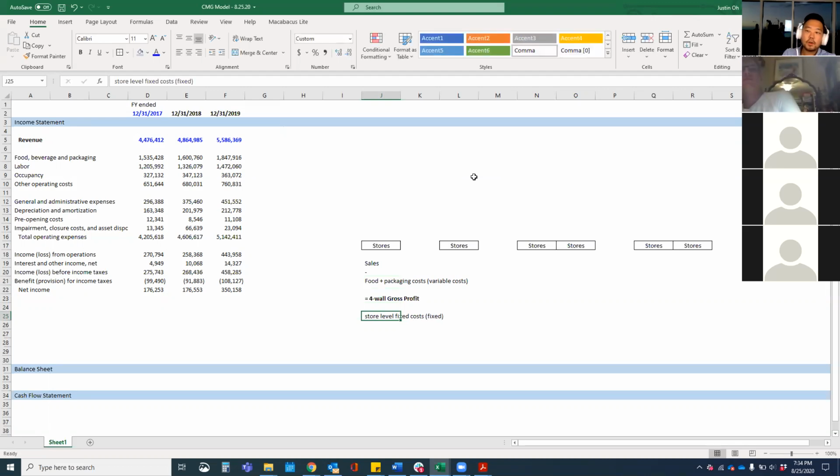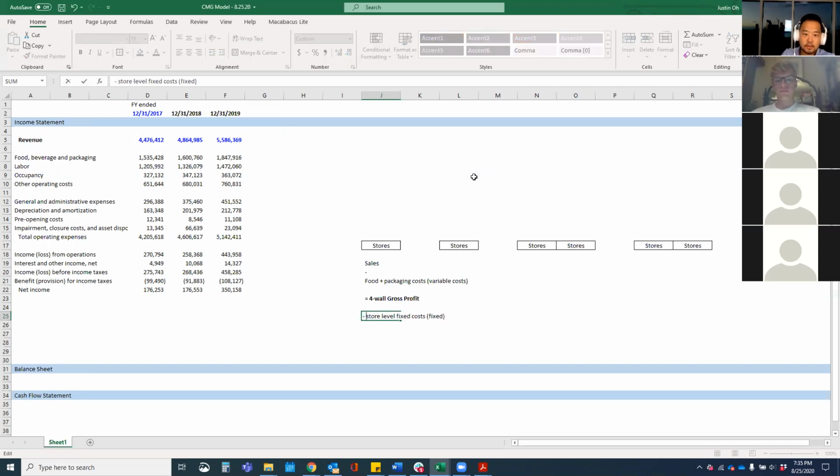So you can always fire people, but generally there's a minimum number of people that need to be standing around within a restaurant or a retail store, just to open up the store and be able to cook the food and dish out the food and ring you up on the cash register and clean up the tables, right? Regardless of if there's one person that comes in or 300 people come in at lunchtime, right? So that's an expense.